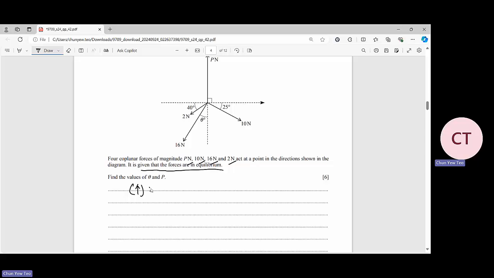Resolving the forces vertically, we have P is equal to 2 sin 40 plus 16 cos 60 cos theta, then plus 10 sin 25.